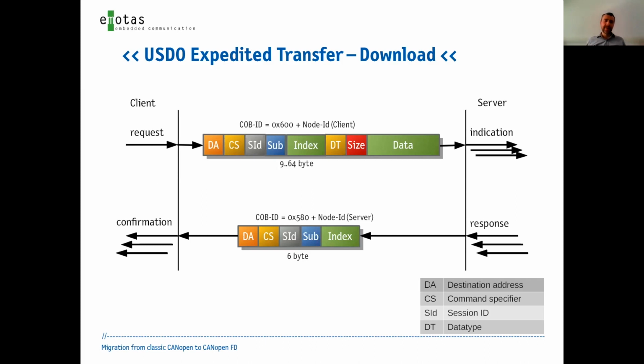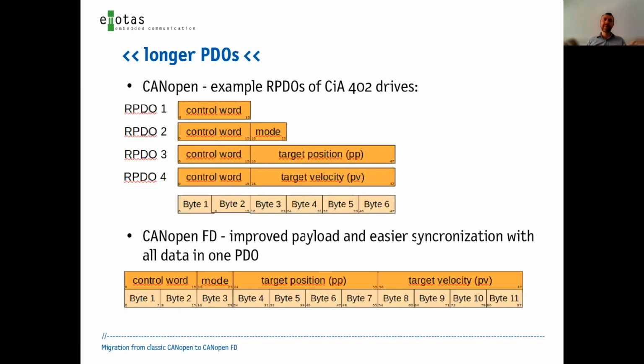In classical CANopen or CANopenFD, one can use so-called PDOs to put multiple signals into a classical CAN or CANFD frame. With classical CAN, we only had 8 bytes, so the number of signals, or objects in CANopen terms, one could send in a single PDO was limited.